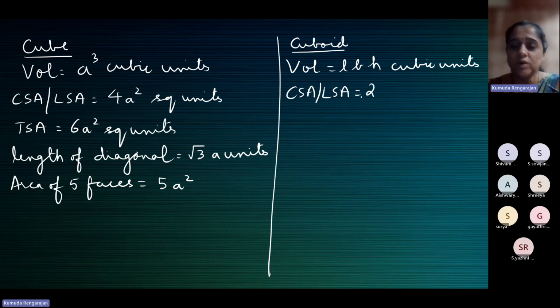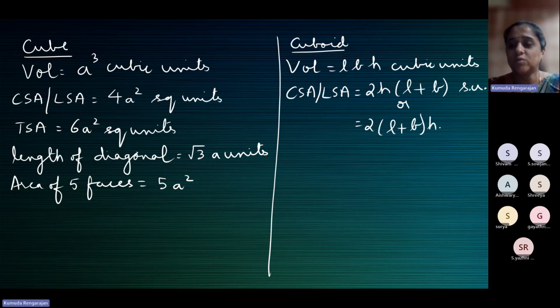You can write it in 2 ways. 2H into L plus B square units. I'll just write SU, children, for square units. Or you can also write it as 2 into L plus B into H square units.